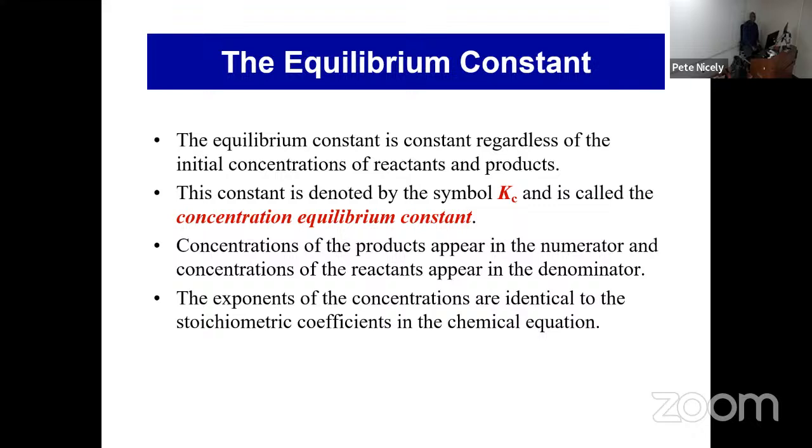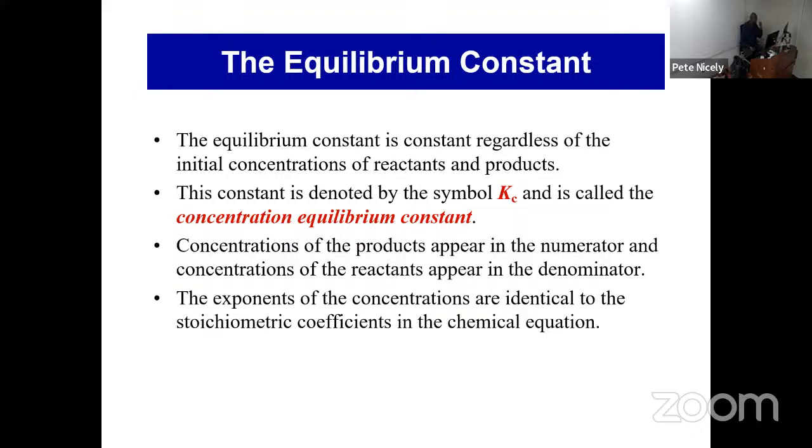So, as I said before, make sure that the equation is balanced. A wrong or unbalanced equation can potentially result in the incorrect Kc expression and therefore the incorrect calculated Kc value.